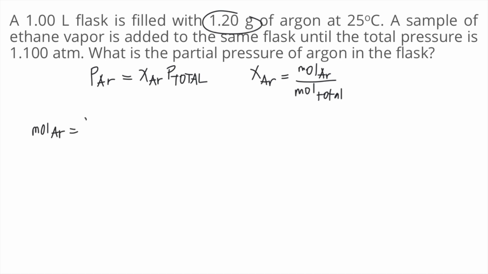That's just the mass of argon divided by the molar mass of argon. The mass of argon is already given in the problem. It's 1.20 grams, divided by the molar mass of argon, that's 39.95 grams per mole.